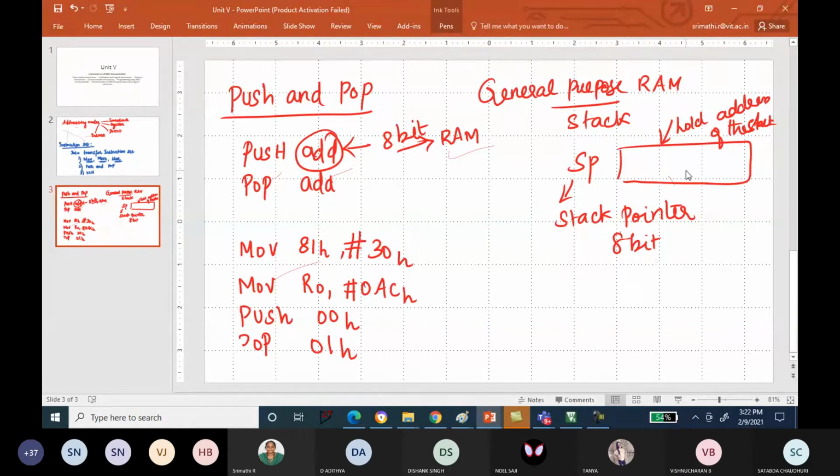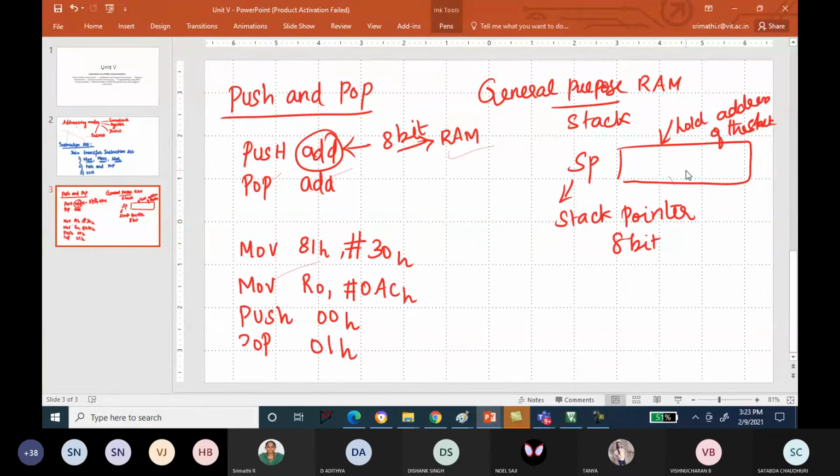The user is going to define which portion of the RAM memory to use as a stack, and then feed the stack pointer register with that particular memory location from which the stack can be used.